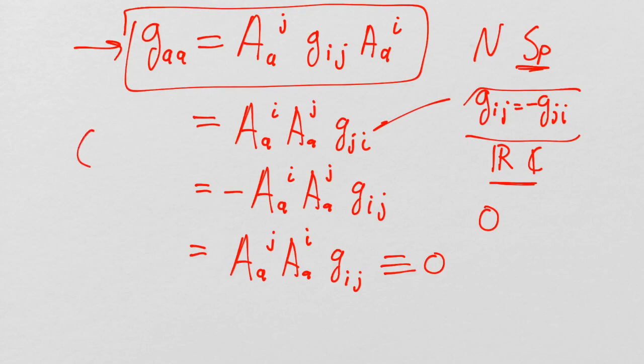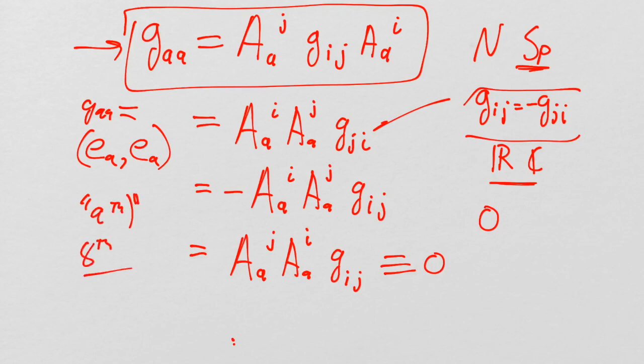Because you have G_AA, the basis vector and itself, and this has to be real because it's the sesquilinear Hermitian metric. So each of these equations is a real equation, and therefore in the unitary case, each equation, because it's forced to be real, is only one effective constraint.